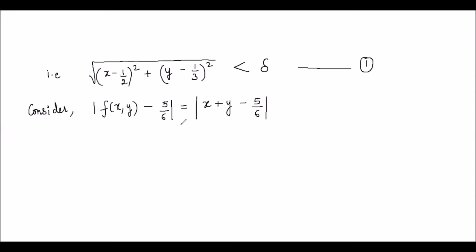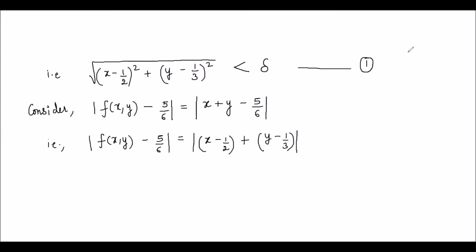So I can rewrite this: I can write 5/6 as 1/2 plus 1/3, and by rearranging terms we get mod of (x minus 1/2) plus (y minus 1/3).